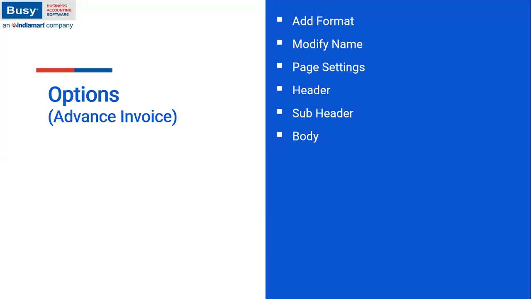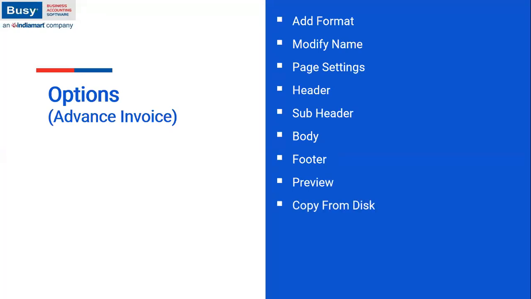One portion is printed in the header and another in the subheader. If you have that type of requirement, you can use the subheader concept. And body also is there. Body means only the item related information is printed. Then footer information, and preview. Anytime you can see the preview.